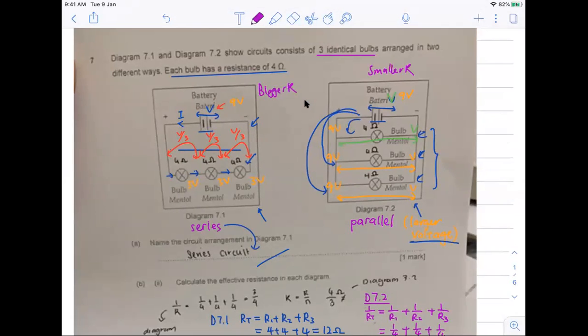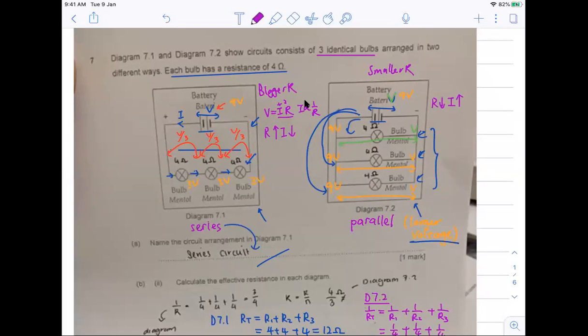Bigger resistance means, using the formula V equals IR, if resistance is bigger, the current will be smaller, because I and R are inversely proportional. So in the parallel circuit, the resistance is smaller, so the current will be greater.